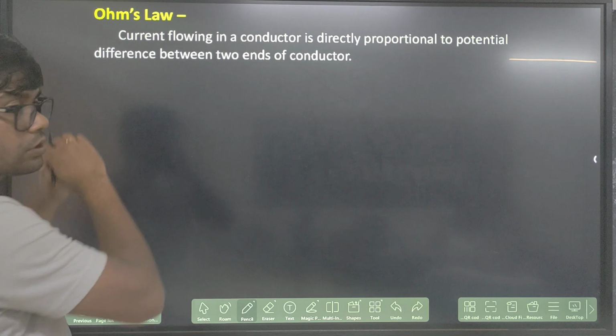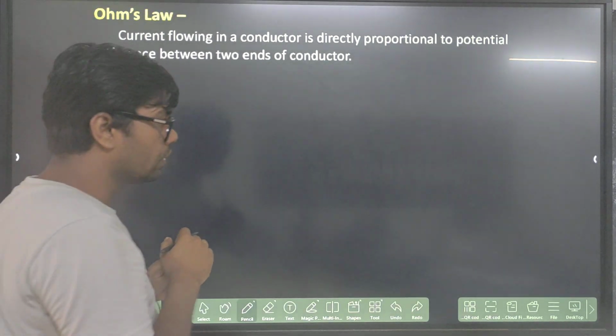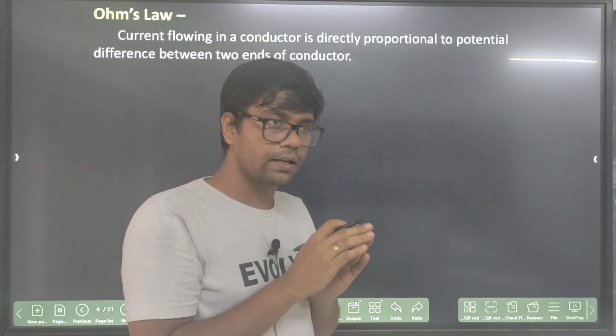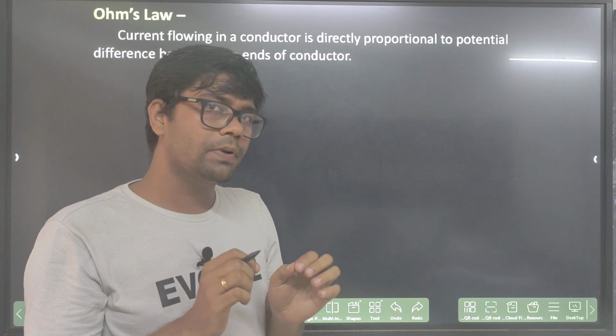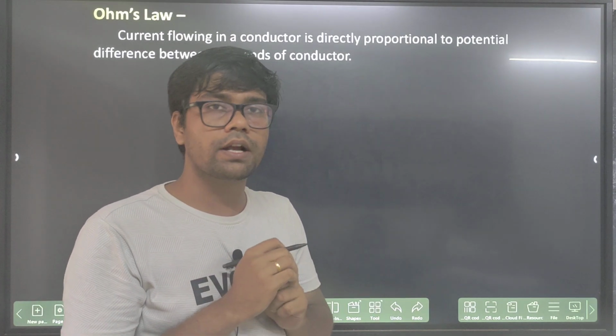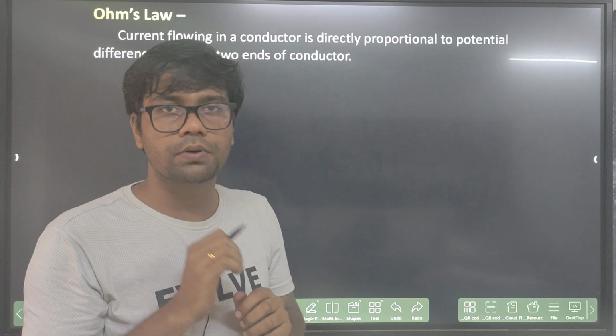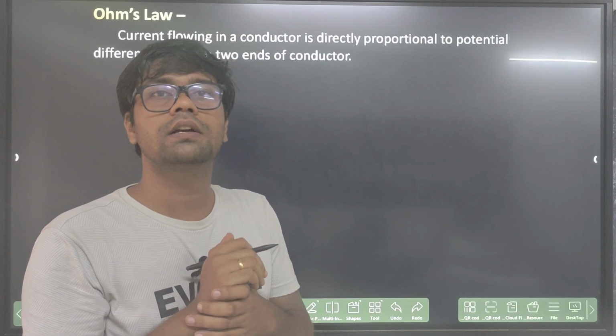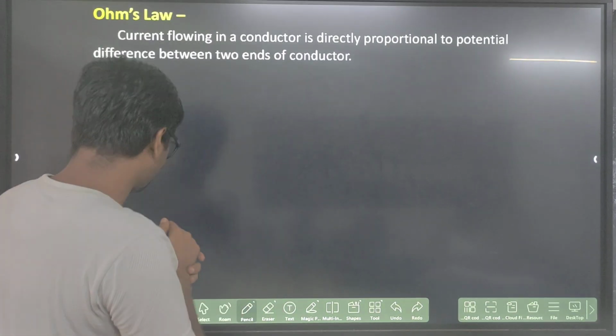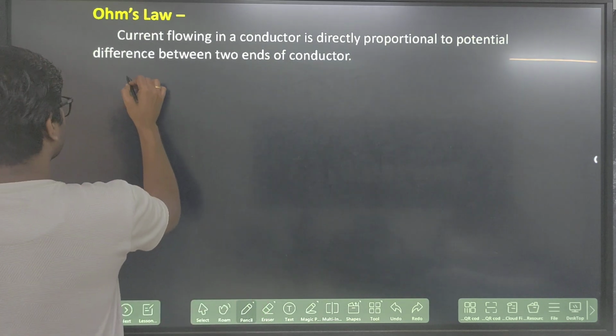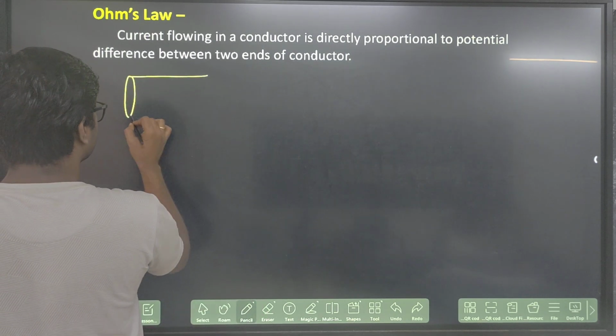Now let's see Ohm's law, right? So Ohm's law basically saying that the potential difference between the two ends of a conductor is directly proportional to the current flowing through that conductor. So let's take a conductor.